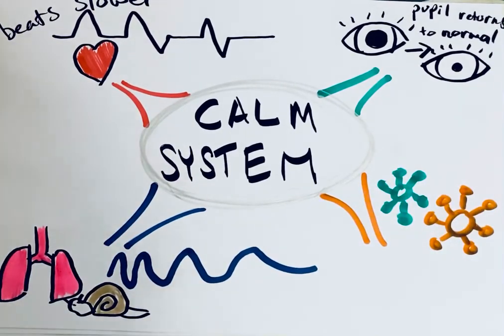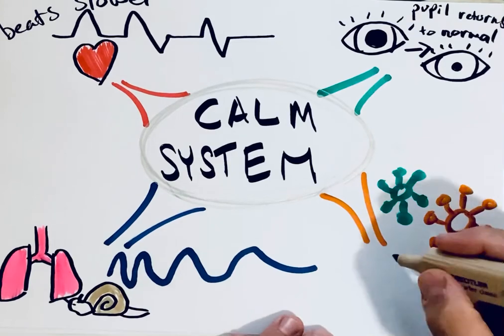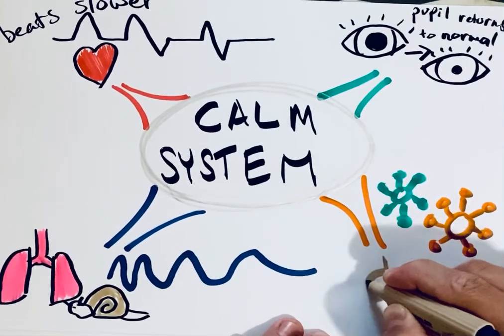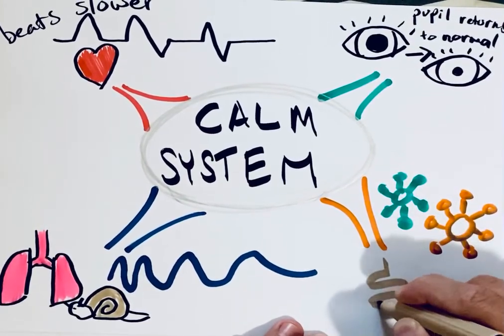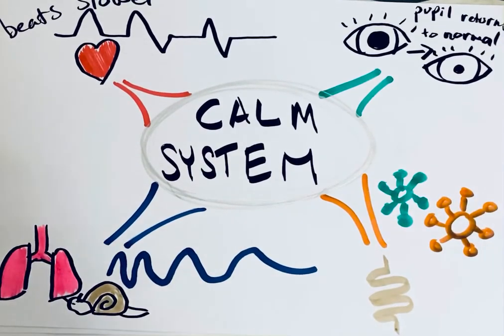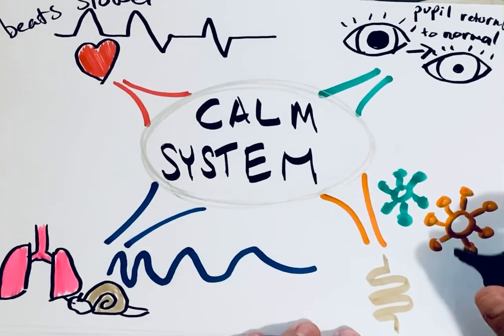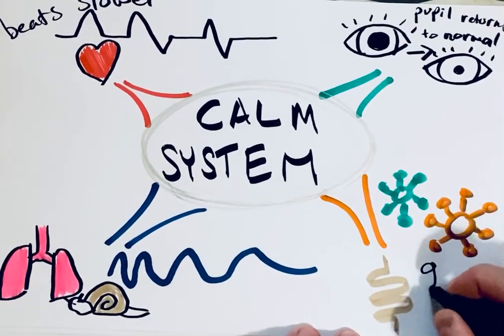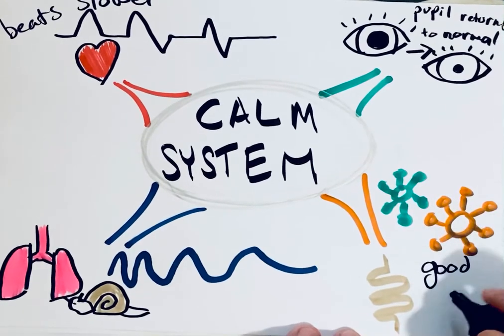And here I think a good idea would be to include, once again, our immune system symbol. I think it's a good immune system symbol, not too bad. And now we're going to write over here, I like to add a word, maybe good function.